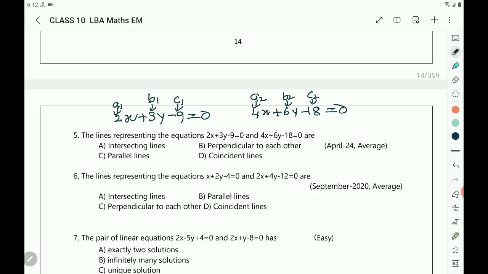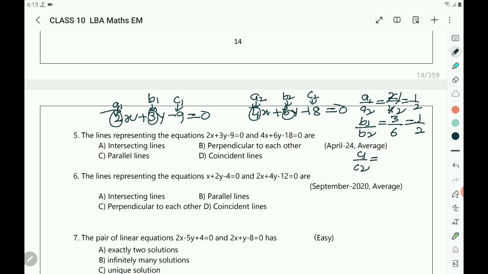Now let us verify. a1/a2 is 2/4, which equals 1/2. Then b1/b2 equals 3/6, which equals 1/2. Then c1/c2 equals -9/-18, which is again 1/2.